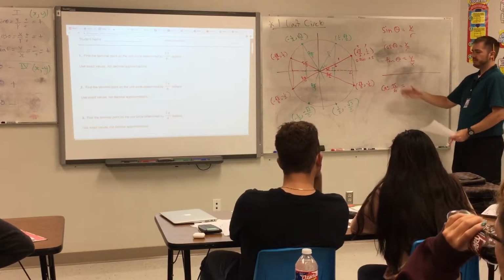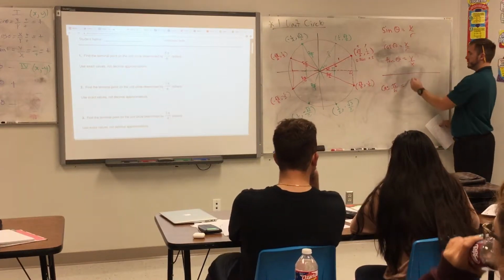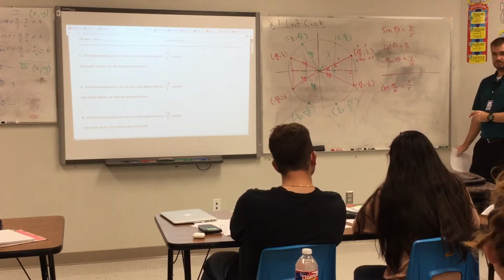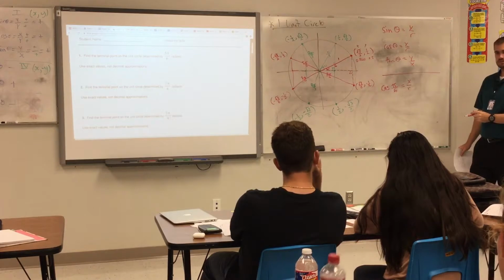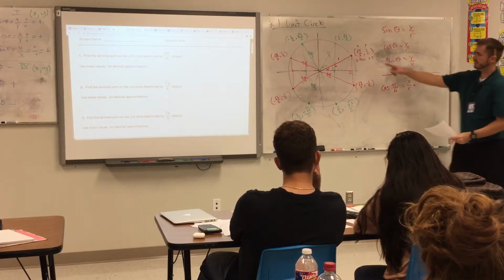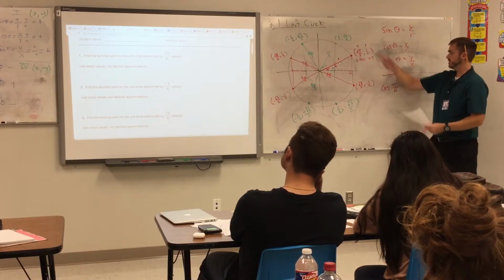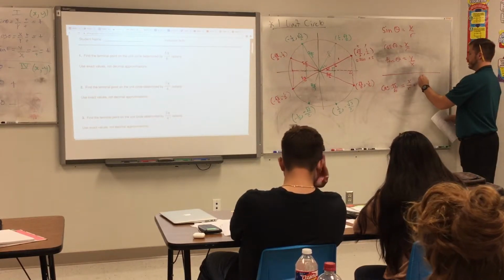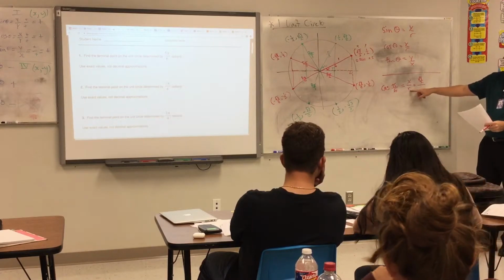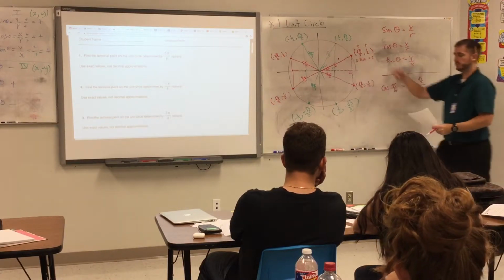So, the cosine of any angle is, based on this, the x value over the r value. Y'all with me? Now, what's the x value of this right here? Root 3 over 2. What's the r? 1, because it's a 1 unit circle.